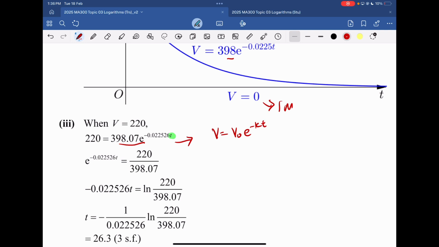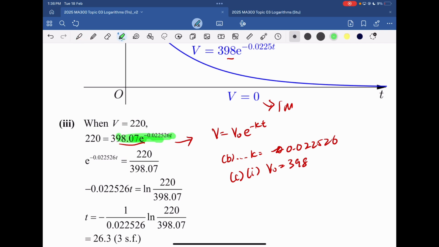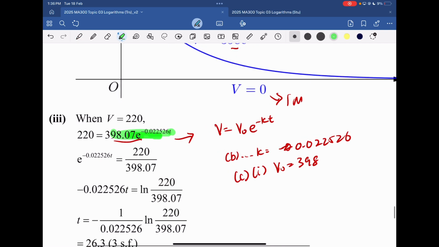In part B, we found that k was 0.022526. In C part 1, we found that V0 is 398. So you can see that my equation is evolving more and more. Mathematics is really like a storybook. You read chapter 1, you use chapter 1 to understand chapter 2.